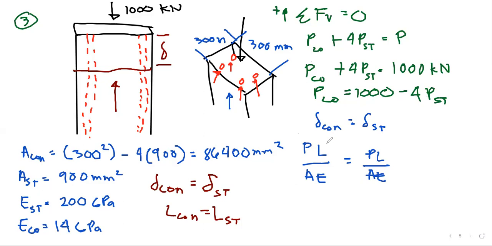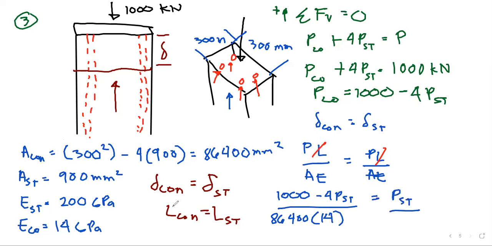In the equation, let's cancel the L first so we don't get confused, since they are equal. The force in the concrete becomes 1,000 minus 4 P steel all over the area of concrete, 86,400, multiplied by the modulus of elasticity 14, equal to P steel all over 900 times 200.